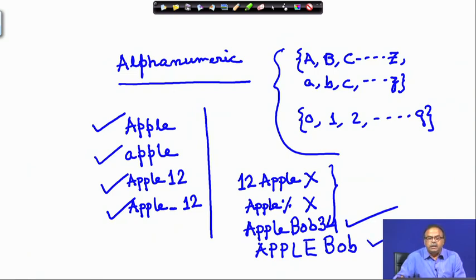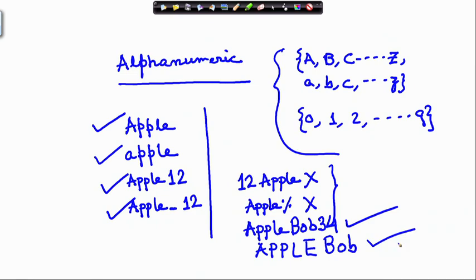So, in general, what is the rule? I can have a string of alphanumeric characters starting with an alphabet and having no special characters except for this underscore. All right. So, with that, that is how we will name the variables.